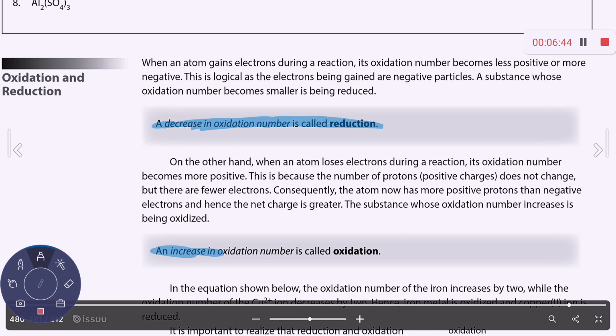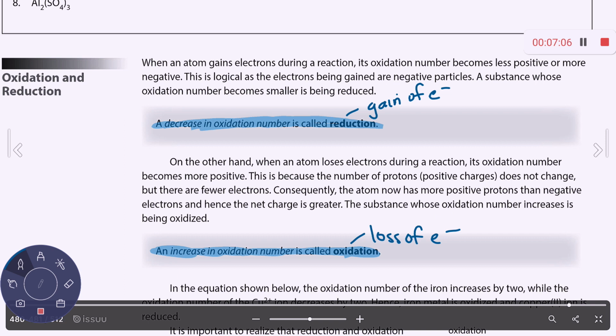If you have an increase in oxidation number, that means you have oxidation. So oxidation is actually a loss of electrons. Reduction is a gain of electrons. And the way that we determine this is by using the oxidation numbers.